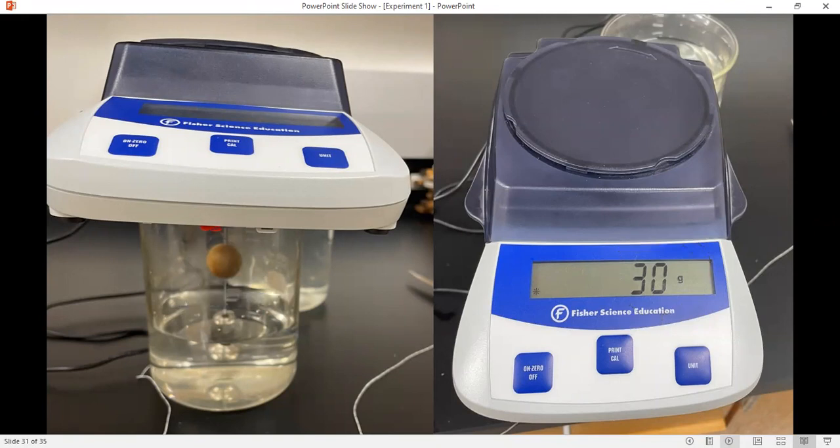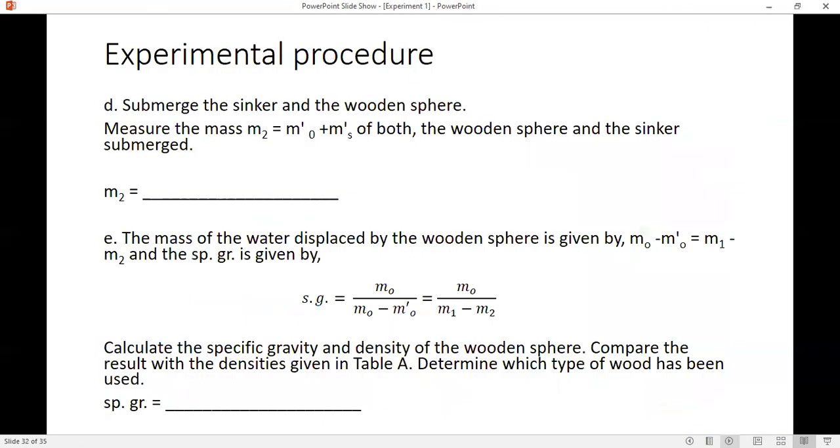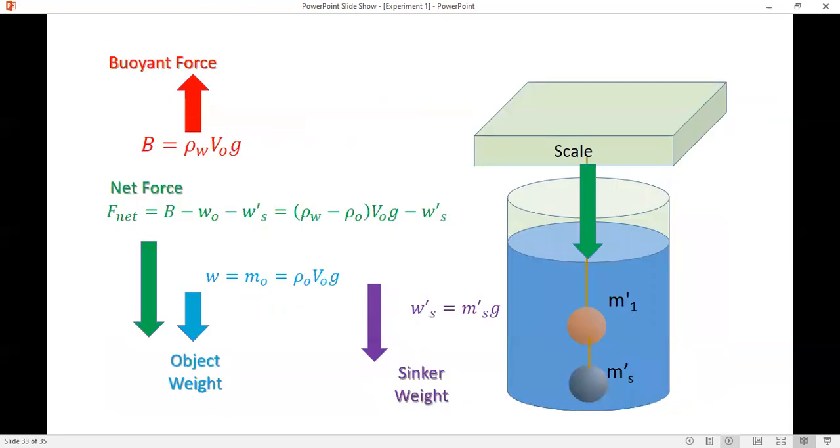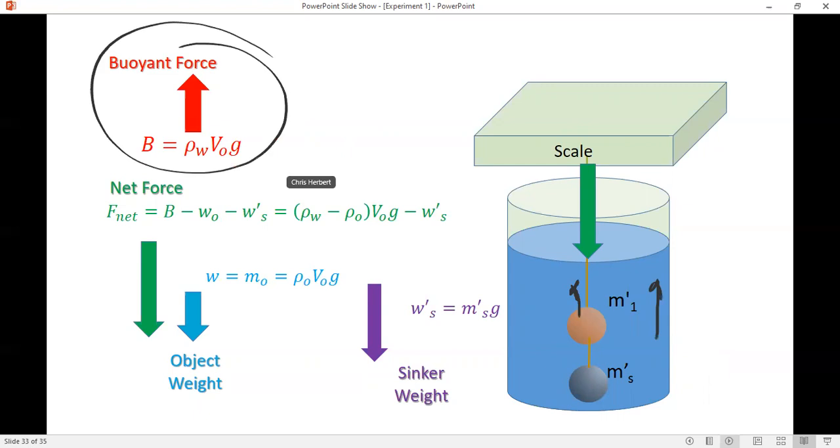Now, you're going to take the difference between that measurement and my next measurement, M2, when both are going to be submerged. When I fill the water up higher, now I will have an extra buoyant force due to the buoyant force acting on the wooden mass. Again, the sinker hasn't changed.